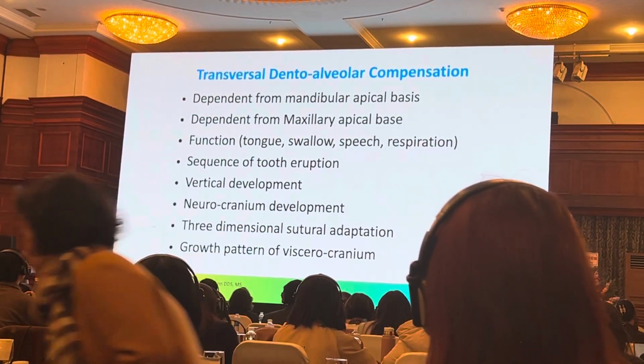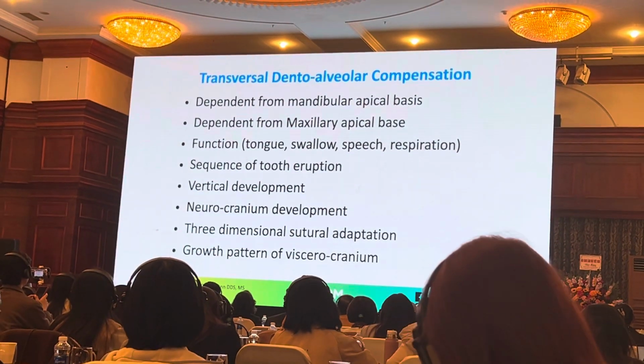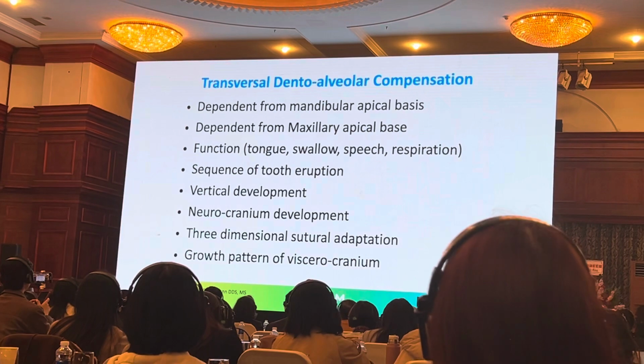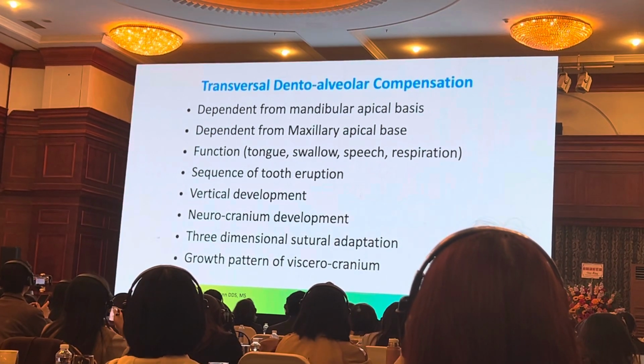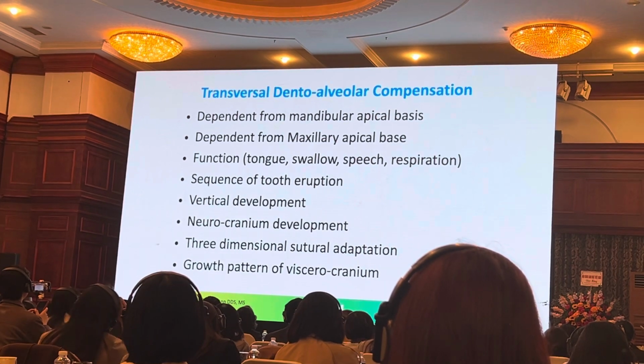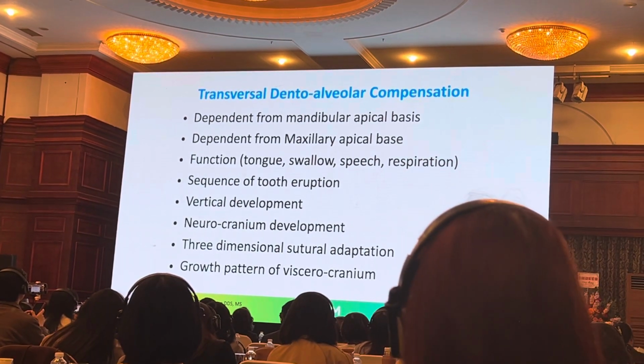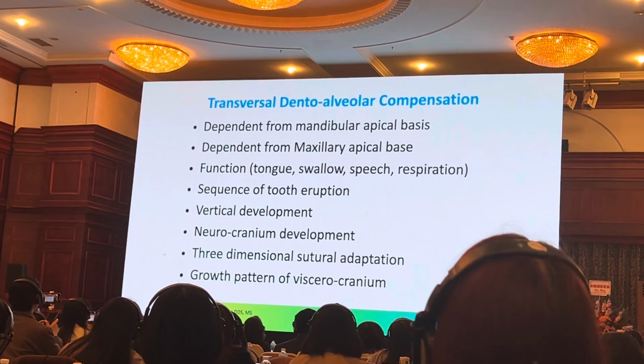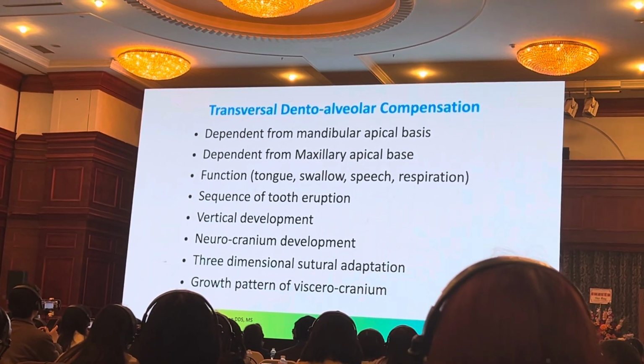So in the transverse sense, because this is a sagittal view, it is very important to understand that the bones in the frontal view also grow in a transverse way, very dependent on occlusal forces and occlusal input.